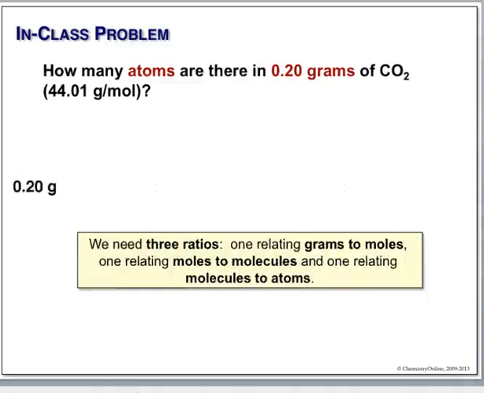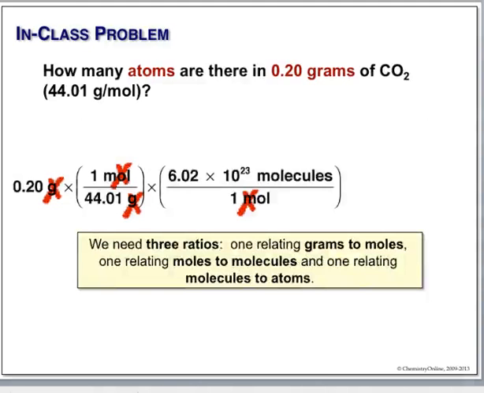Going to take our molar mass ratio here, going to flip it upside down, so grams cancel. To get moles into numbers, we're going to use Avogadro's number with mole in our denominator. And finally, we know that in every molecule we have 3 atoms.